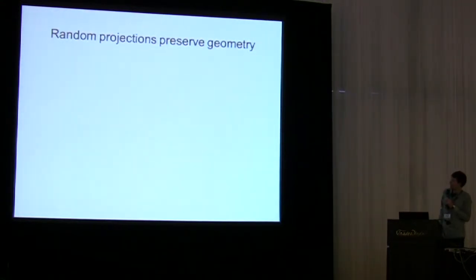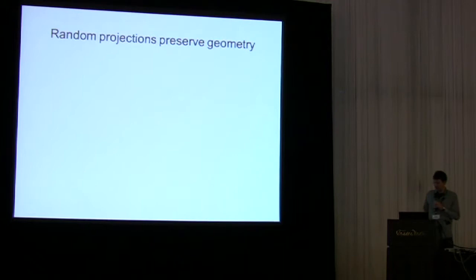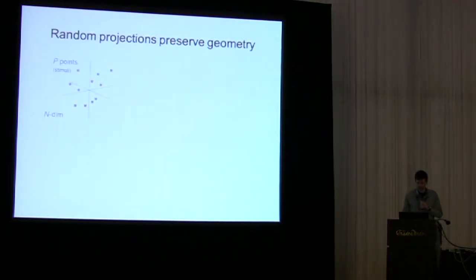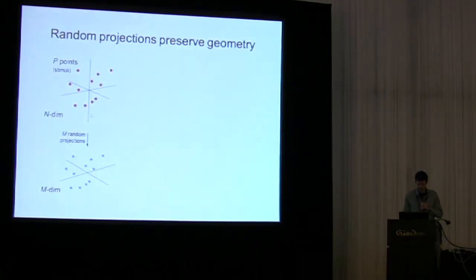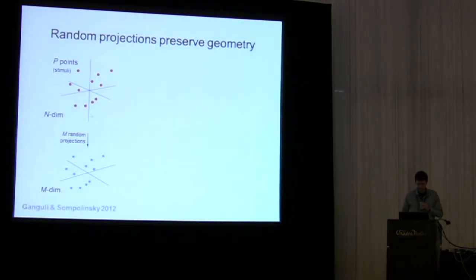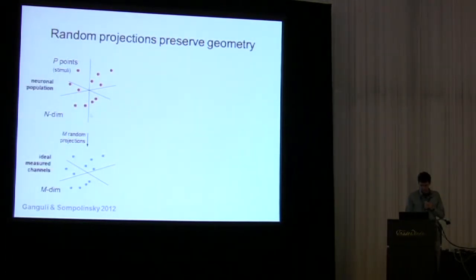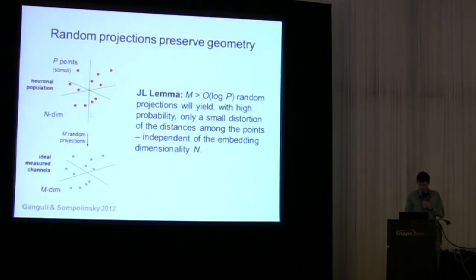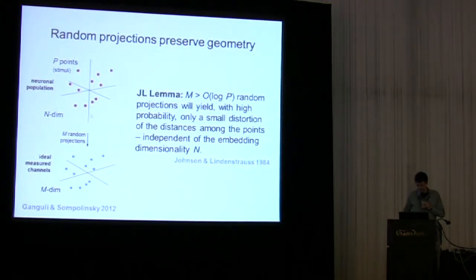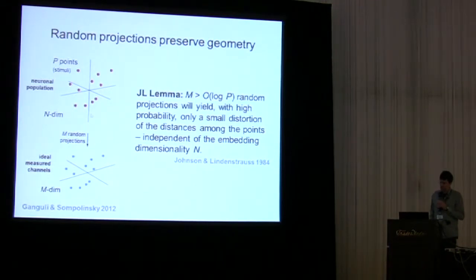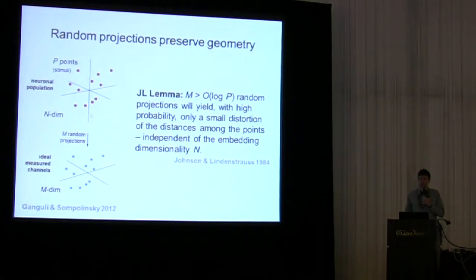So one mathematical insight that's relevant in this context is that random projections preserve geometry. When we have p points in an m-dimensional space and then we project them down onto m random dimensions, and this could be the neuronal population, this could be the idealized measured channels, there's this lemma that says that if we have m greater than O of log p random projections, then with high probability we'll only get a very small distortion in the representational distance matrix.